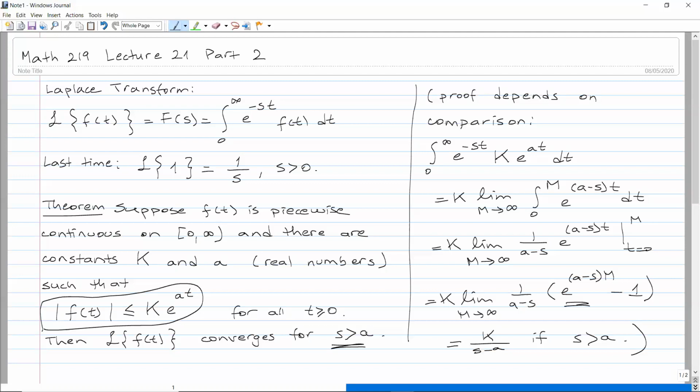We know that the exponential function is faster than any power function. So this condition is going to be the case for any function involving a power of t: polynomials, rational functions, functions involving radicals, sine and cosine also.